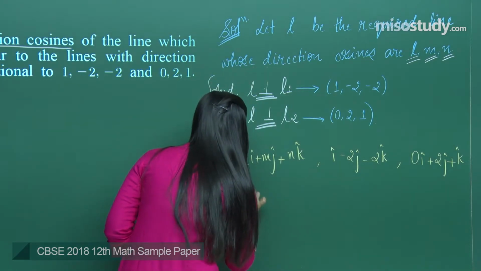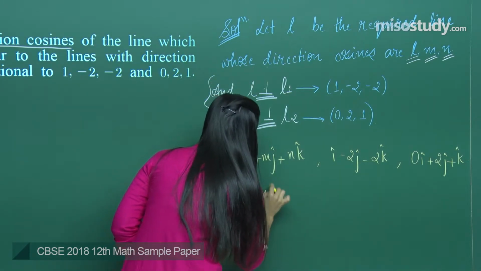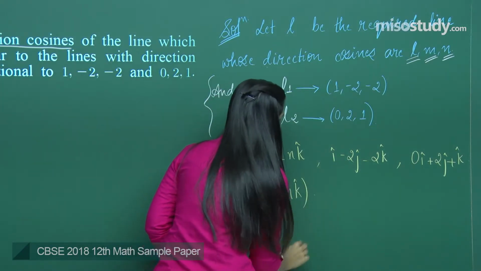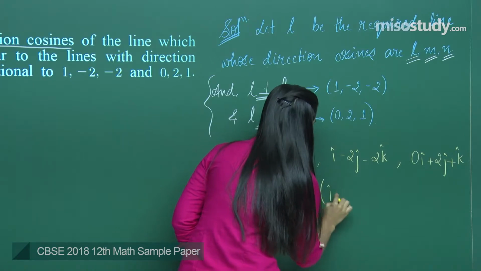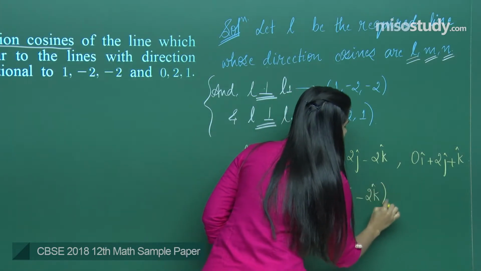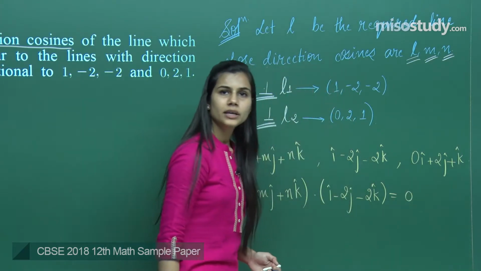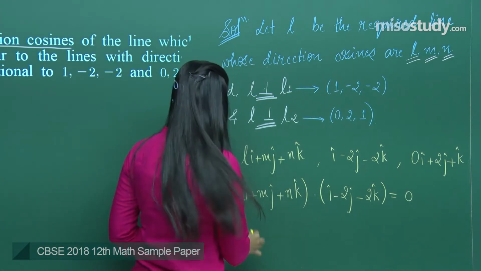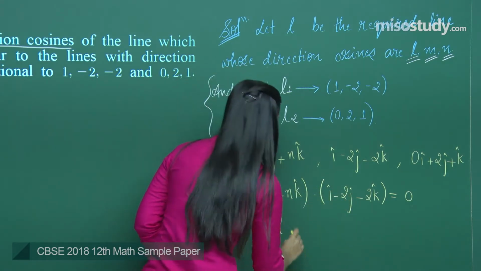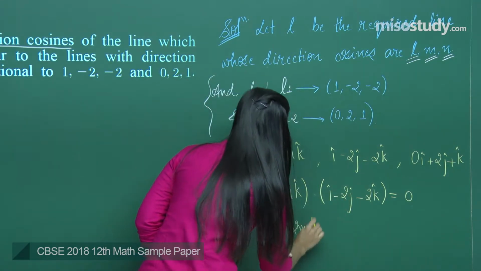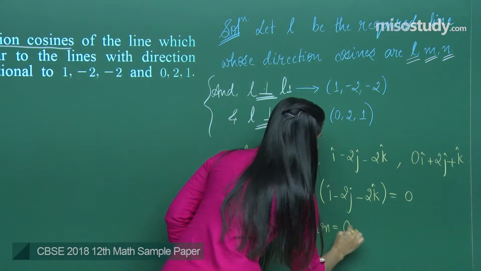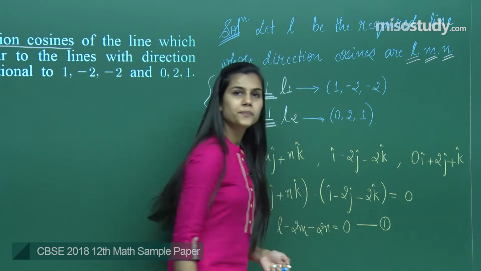So, I have l i cap plus m j cap plus n k cap, its dot product with i cap minus 2 j cap minus 2 k cap is 0. You know what is the definition of dot product? So, l into 1 plus m into minus 2 plus n into minus 2, this is 0.